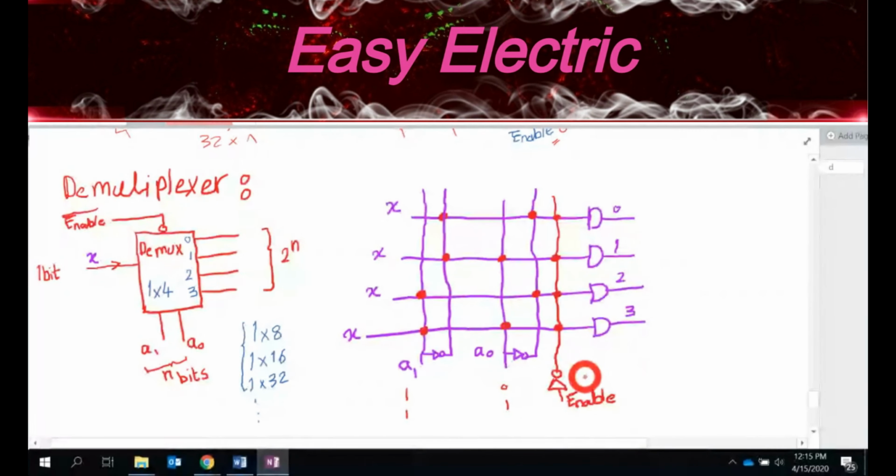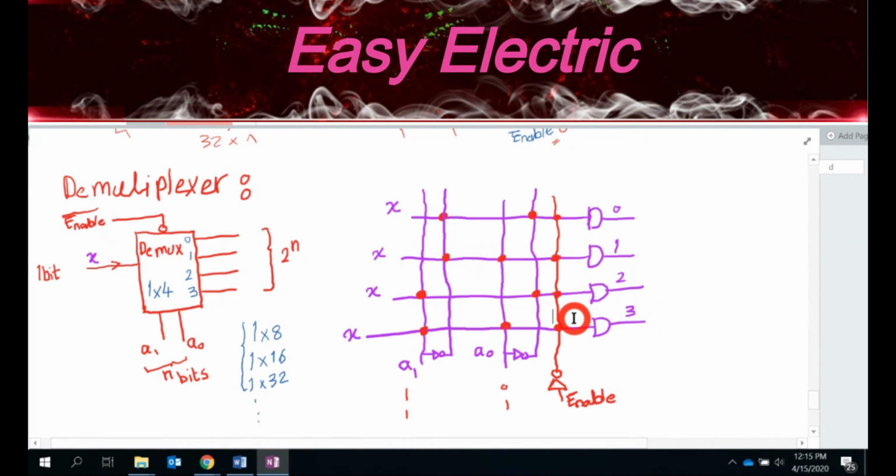So whenever it is not active, the whole output will be 0, no matter what your input is, okay? So this actually shows what the demultiplexer is, how you could make the demultiplexer by using 4 AND gates, and how the demultiplexer actually works.